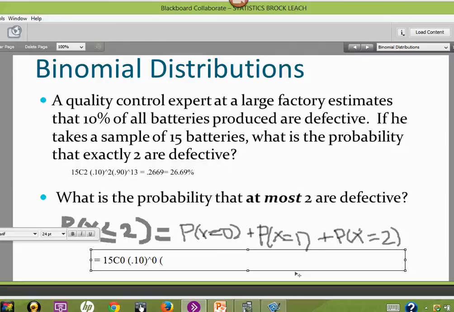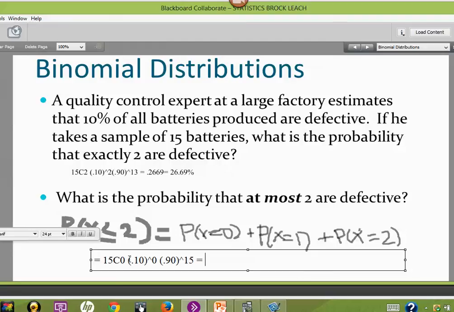And then multiply by the probability of failure, which is getting a non-defective. We're going to raise that to the 15th power. This will give me the probability that none of the batteries are defective.